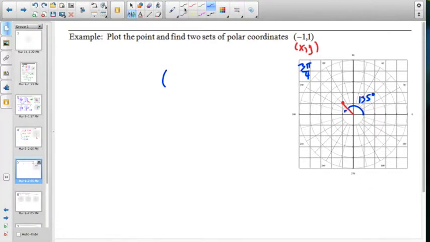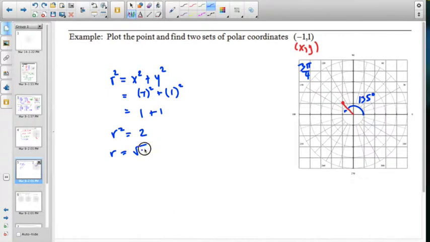So let's do a quick calculation here, or calculate the value of r, excuse me. If we know r squared equals x squared plus y squared, then we're talking about minus 1 squared plus 1 squared. Remember, squaring a negative number means a number times itself, so this is actually a positive 1. So we're looking at r squared equals 2, or r equals the square root of 2.